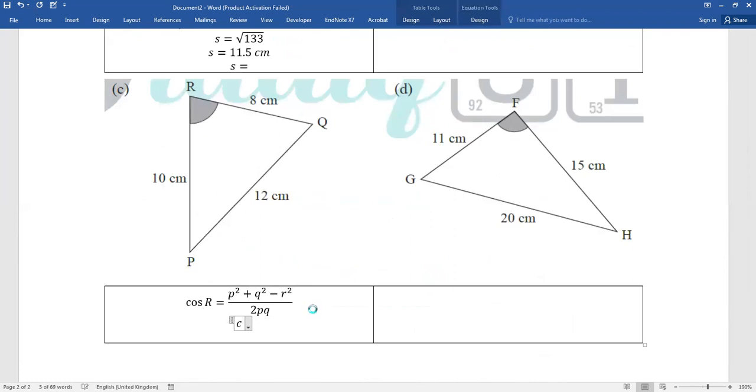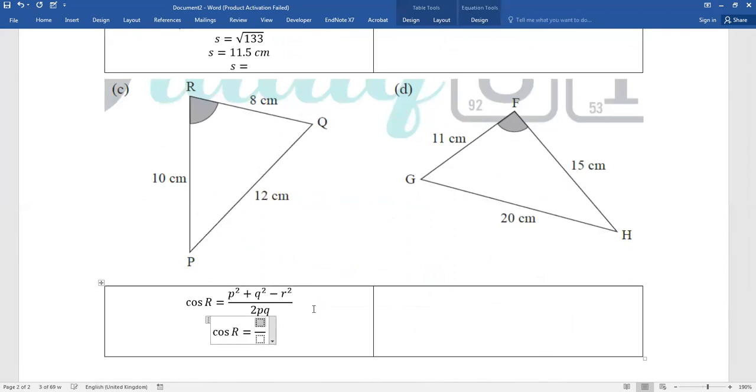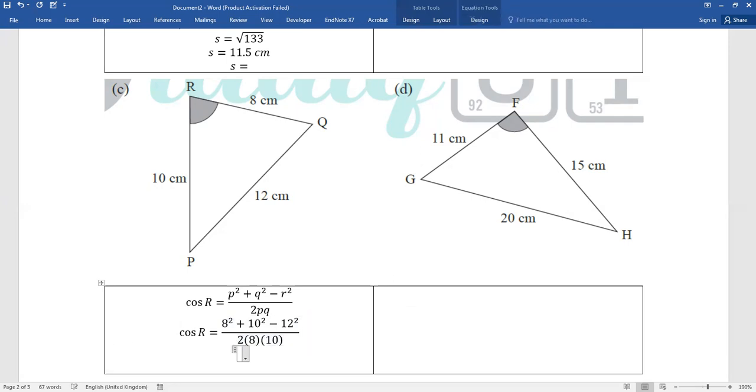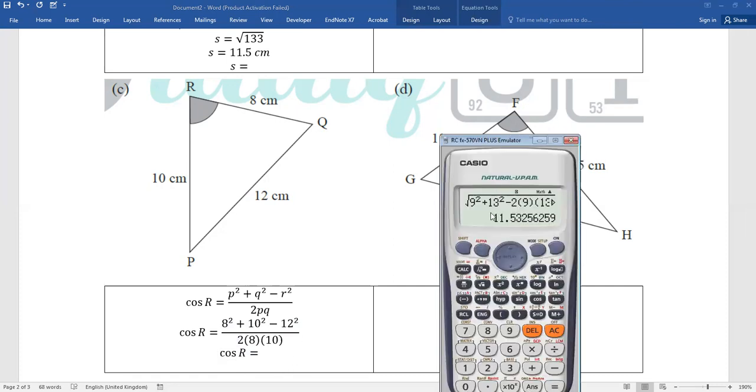Find out the values. P is 8. Let's write first 8 square plus 10 square minus 12 square upon 2 into 8 into 10. Now you can put this entire thing in the calculator. The calculator will give you a fraction. If you want to write down the entire fraction, you can do that too. That is 1 upon 8.